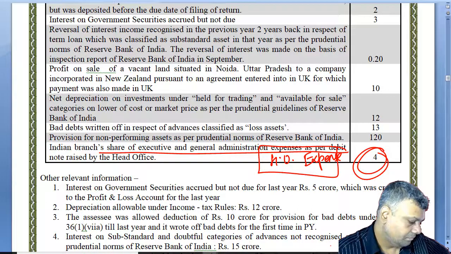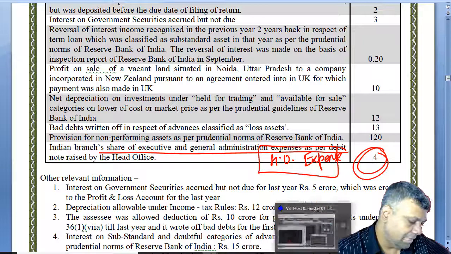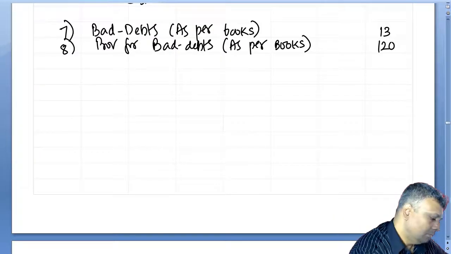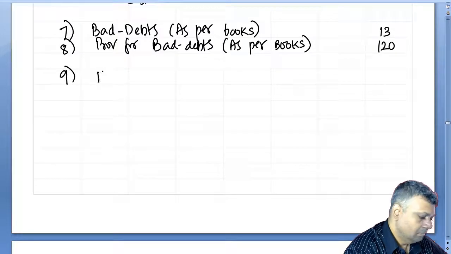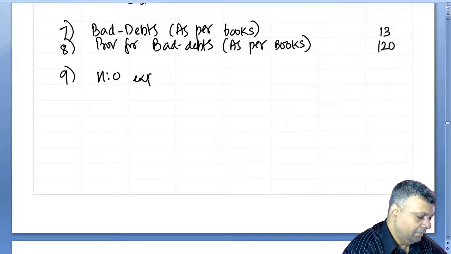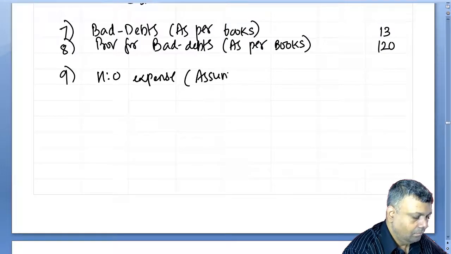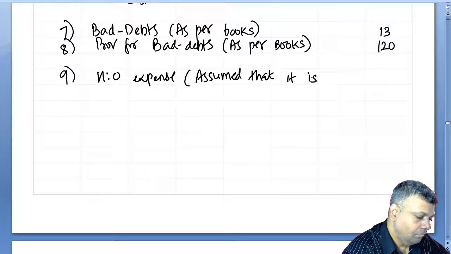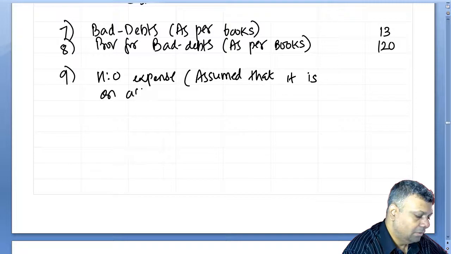Okay. So the next point is 9. Point number 9. Head office expense. Assume that it is on actuals and within the limit.